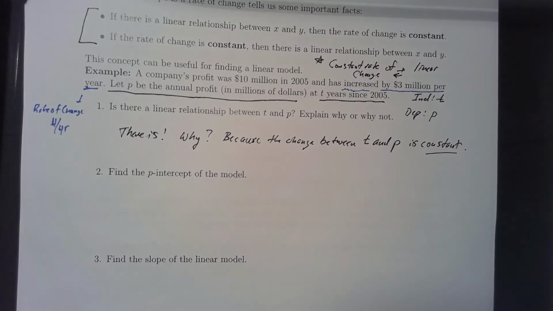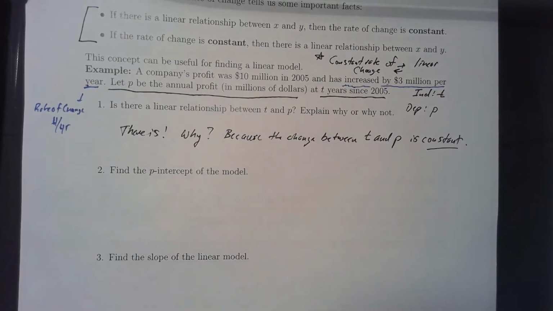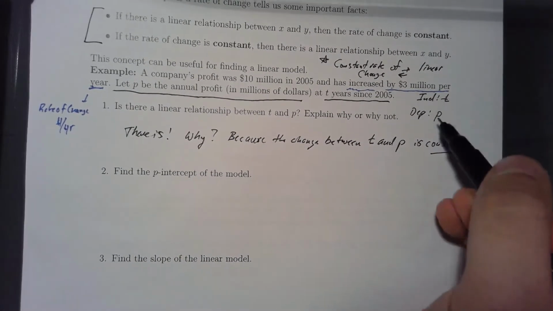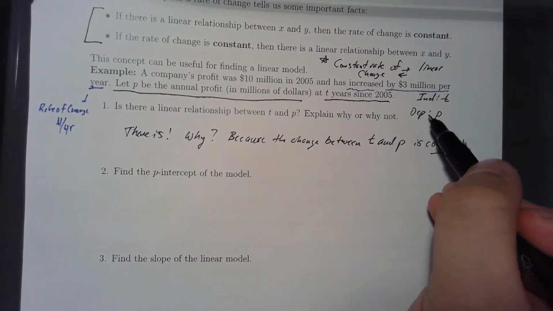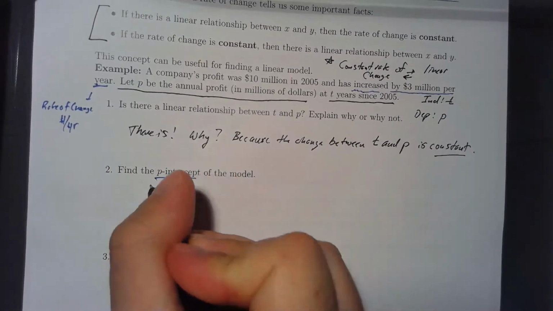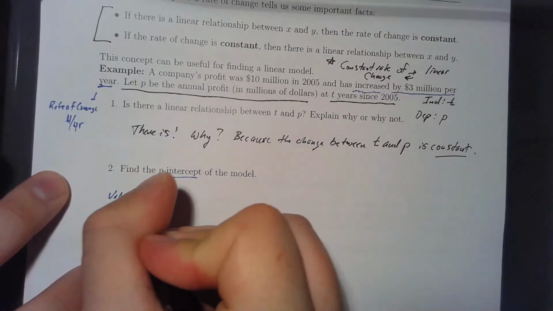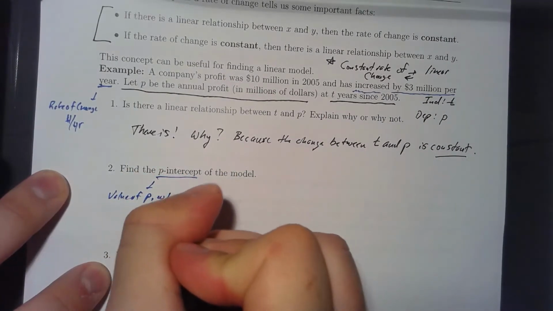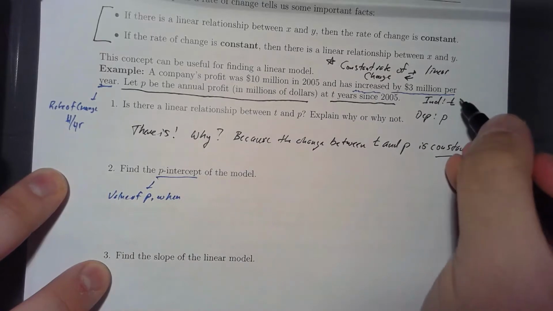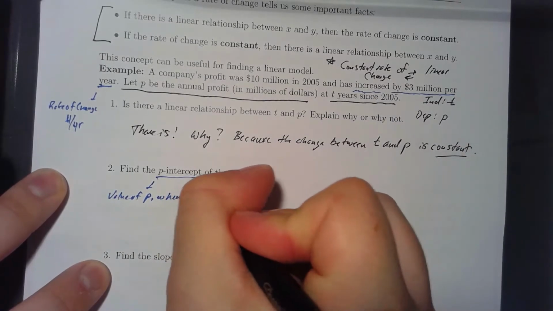All right, find the p-intercept of this model. The p-intercept is the value of p when the other variable, t, equals 0.